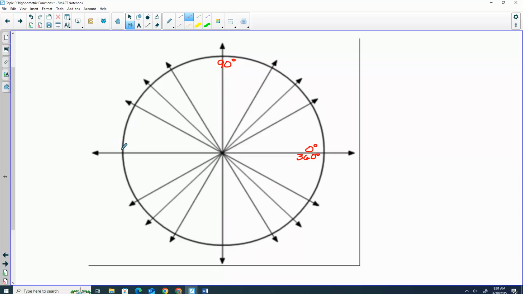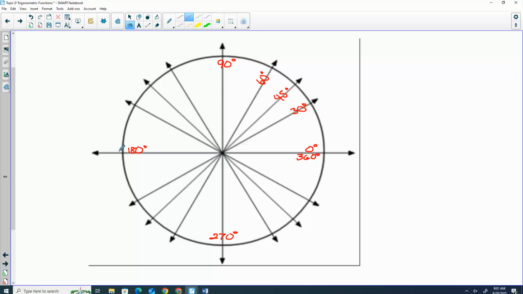Over here would be 90, and this would be 270 if we did our multiples of 90. The other common angles were 30, 45, and 60.